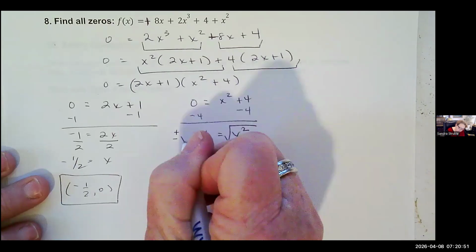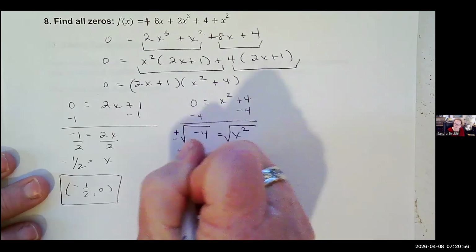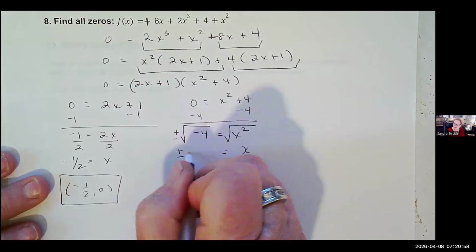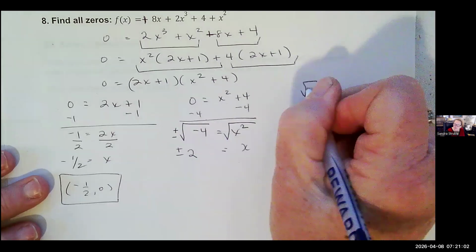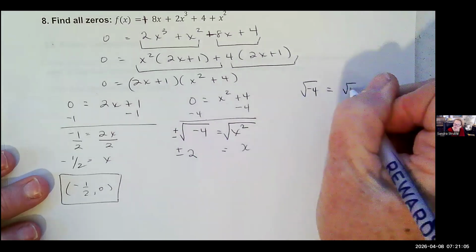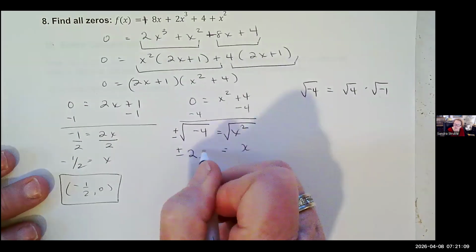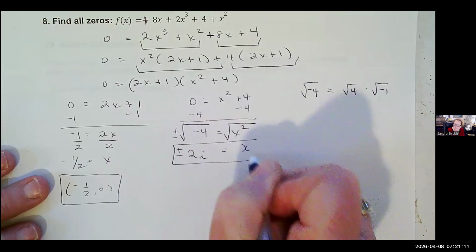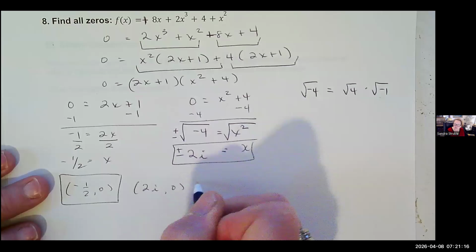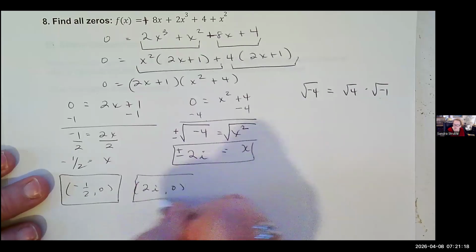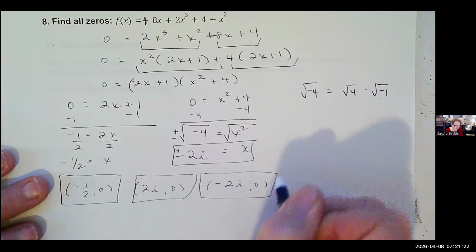So x is equal to plus or minus the square root of negative 4, which is the same thing as the square root of 4 times the square root of negative 1. Square root of negative 1 is i. Let's go back to the complex numbers. So (2i, 0) is another zero, and (negative 2i, 0) is my last. 3 of them because the degree is 3.